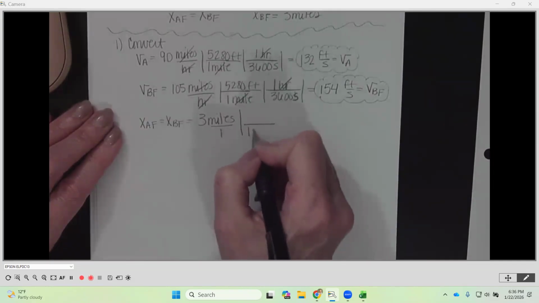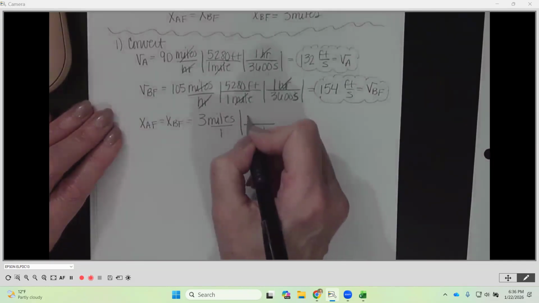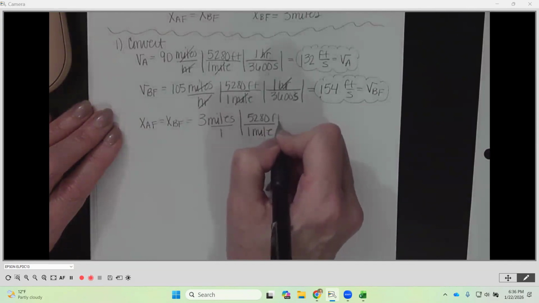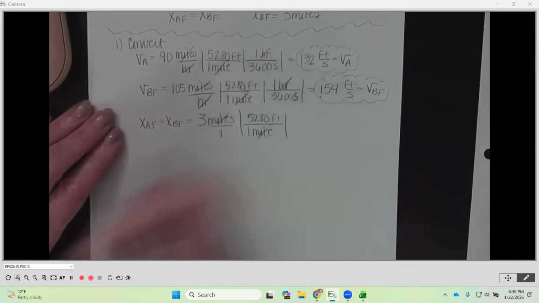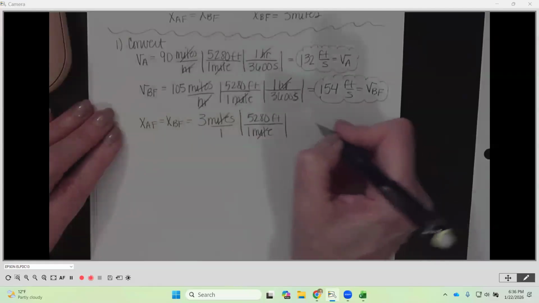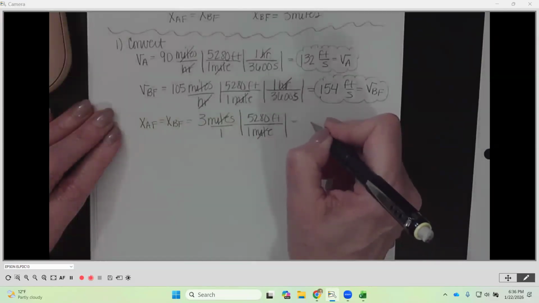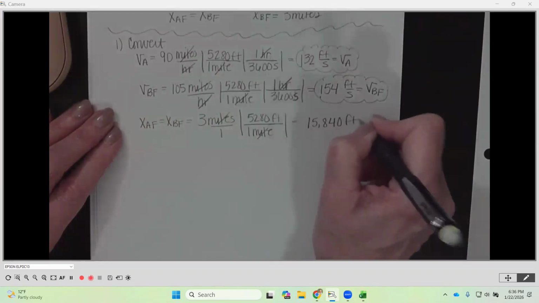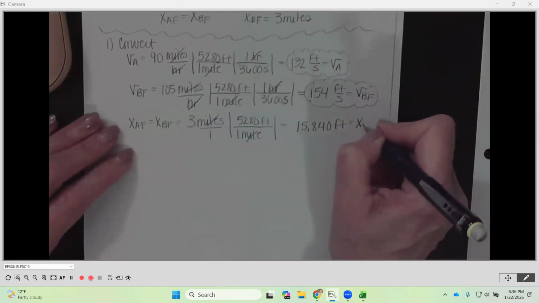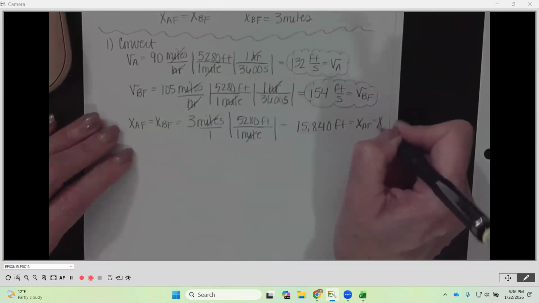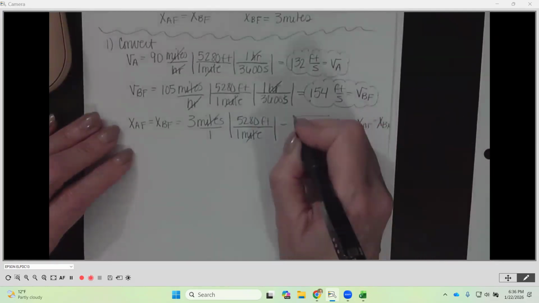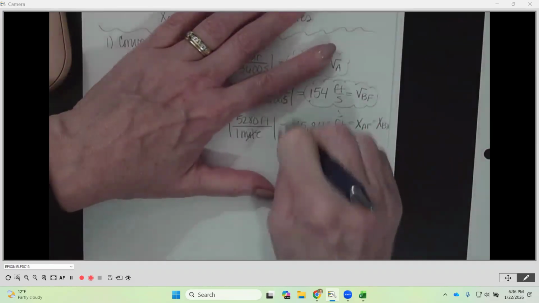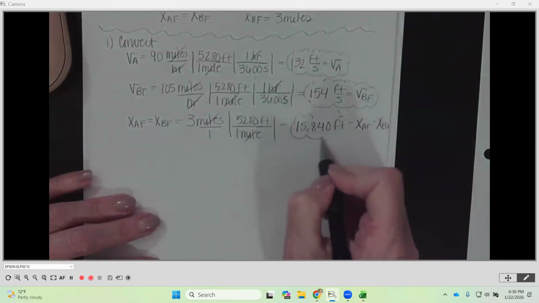So we're going to put our 1 mile on the bottom and 5,280 feet on top. Miles cancel. And that's going to be equal to 15,840 feet is equal to XAF and XBF. That's that 3 mile box.